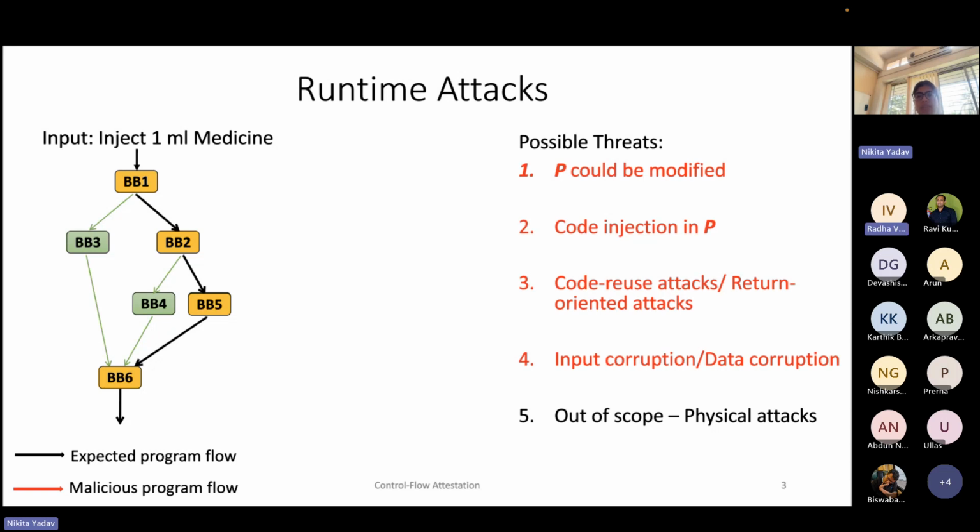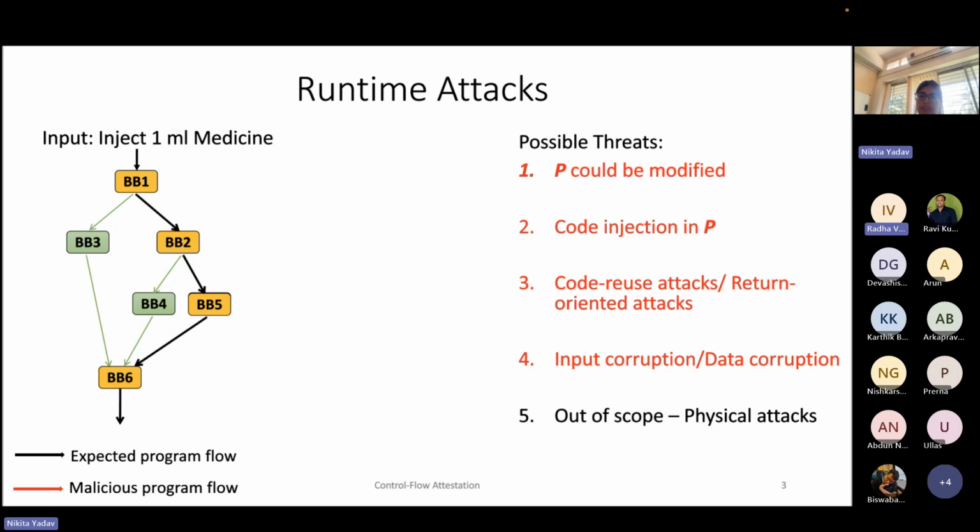This type of attack is called a code reuse attack, and these are well known, and it has been shown that they are possible on different kinds of hardware and software.